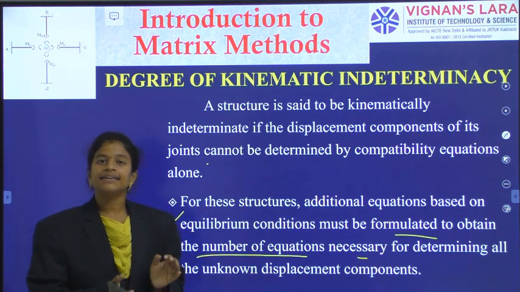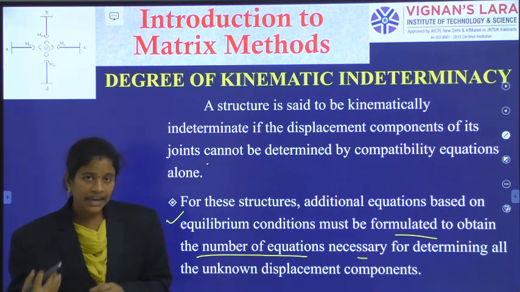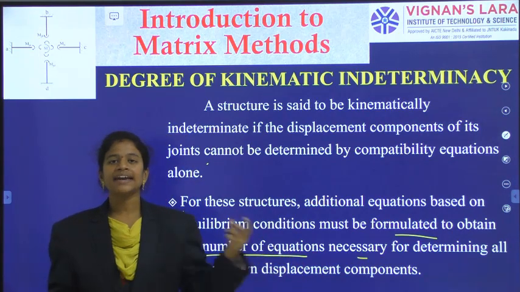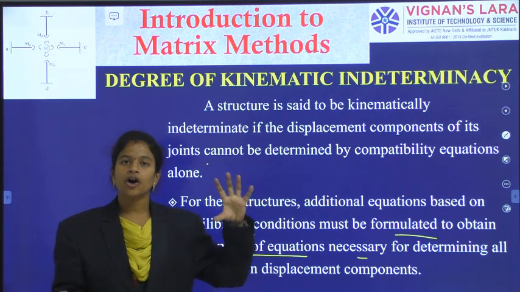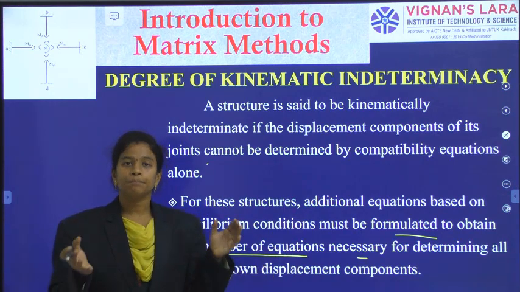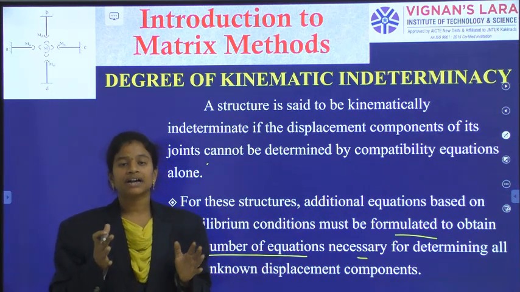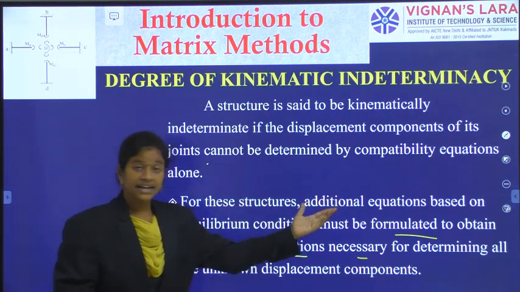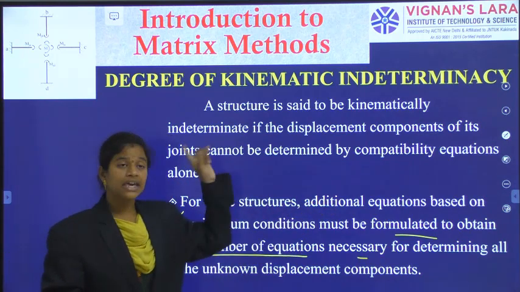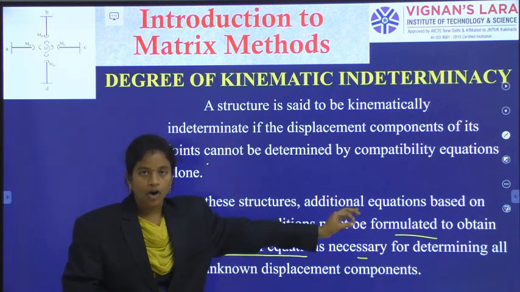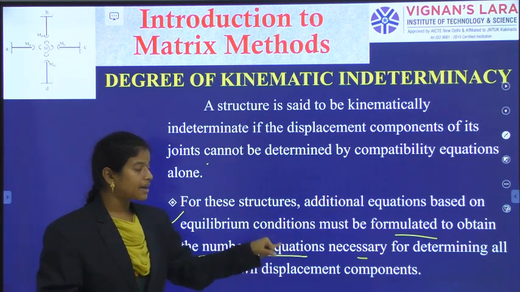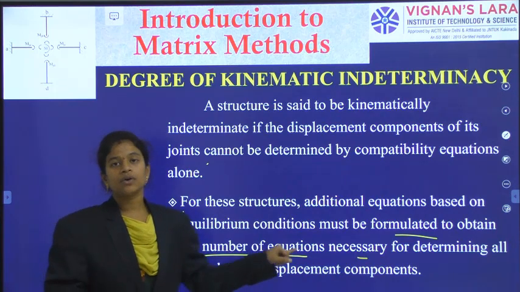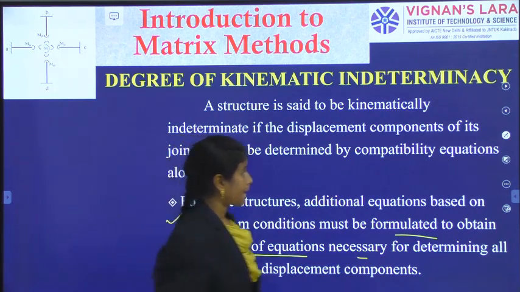For calculating the unknown displacements, again I am formulating some equations. As the unknown is there, I need an equation. So, we are formulating some equations based on the equilibrium condition of the particular structure. Okay, so additional equations based on the equilibrium must be formulated to obtain the number of equations necessary for determining all the unknown displacement components.